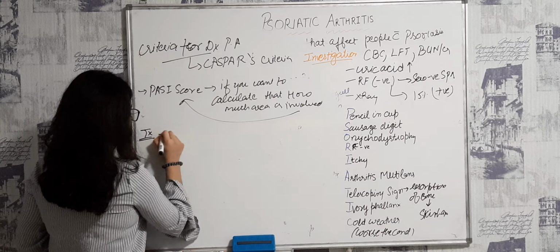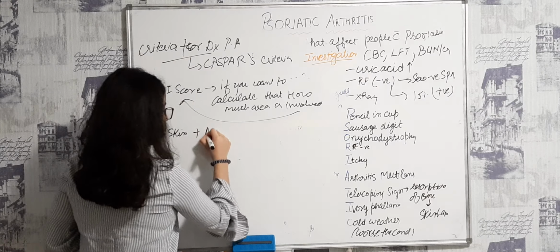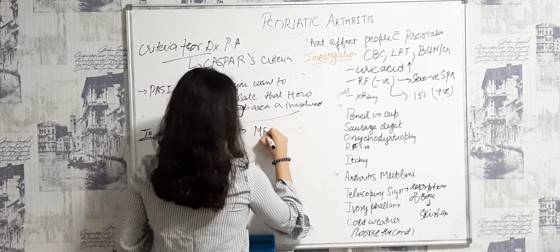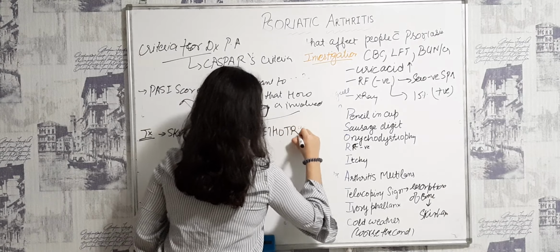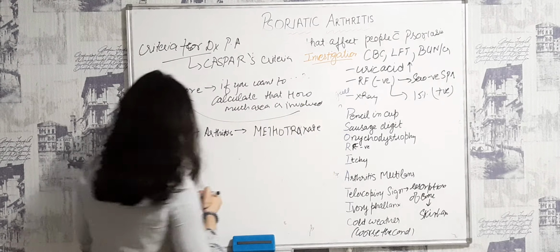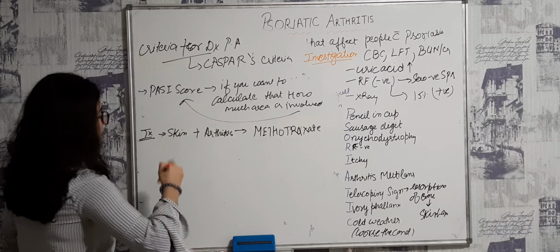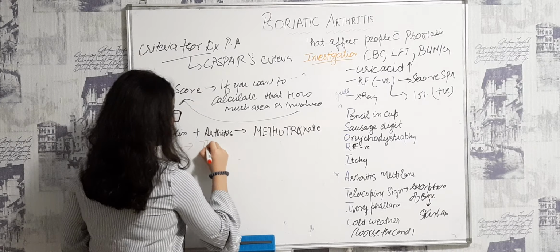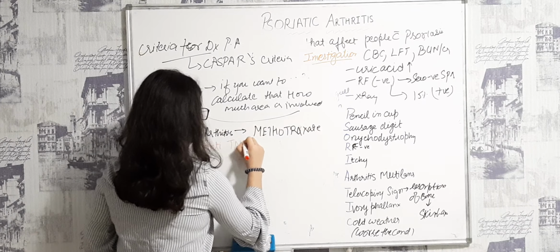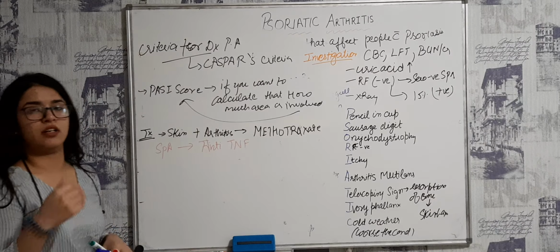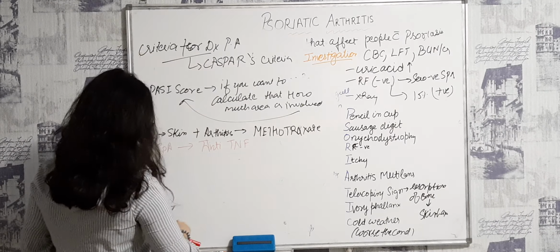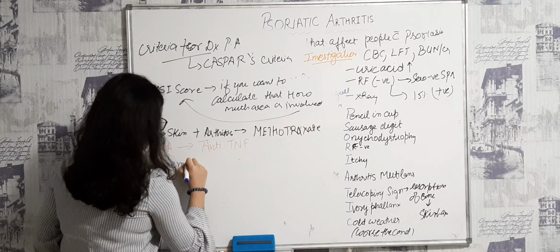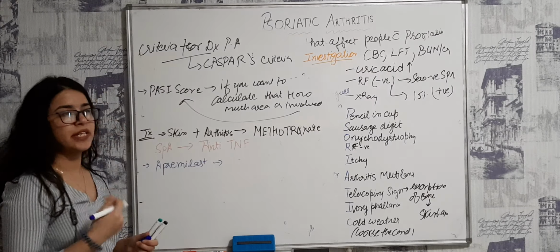And if it is spondyloarthropathies, then we will go for anti-tumor necrosis factor drugs, or we can say tumor necrosis factor inhibitors. And we can also use apremilast. Actually, it is a drug that is a PDE4 inhibitor.